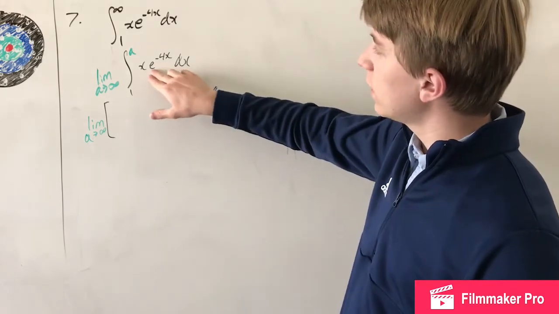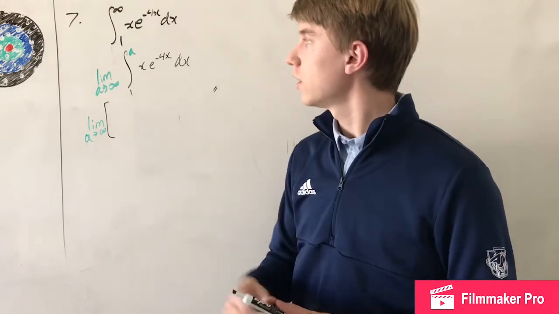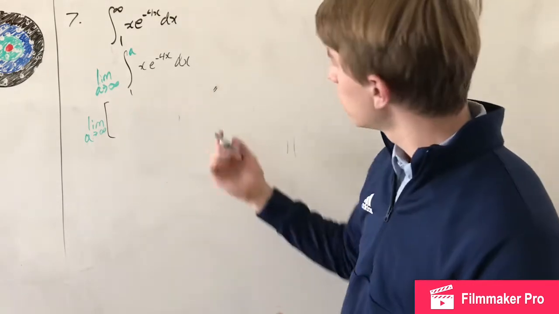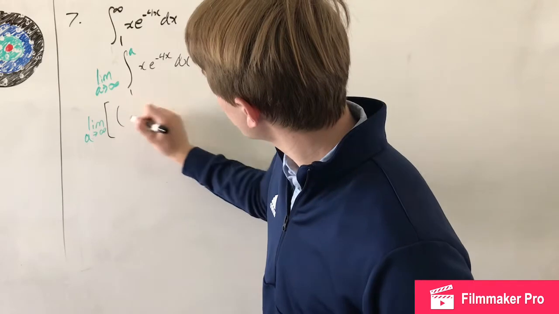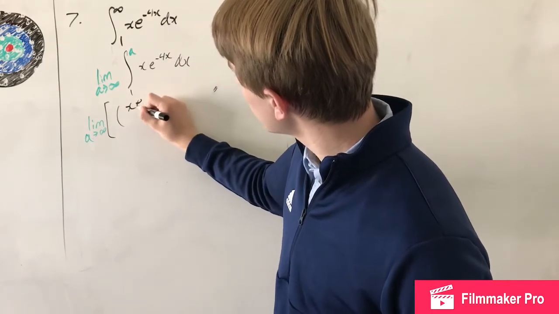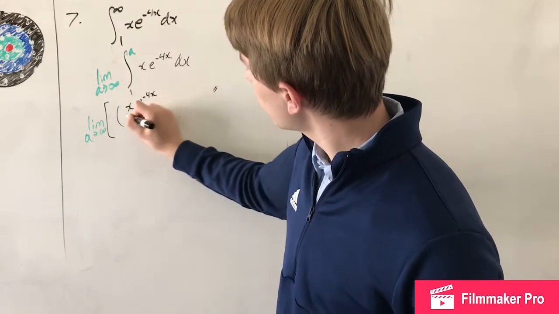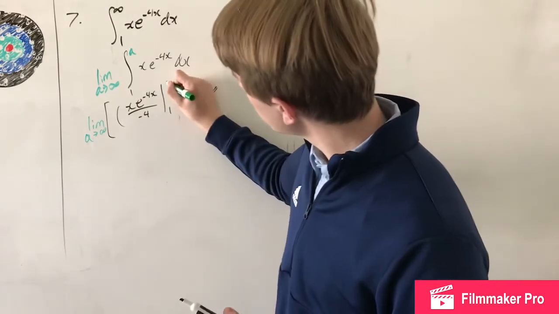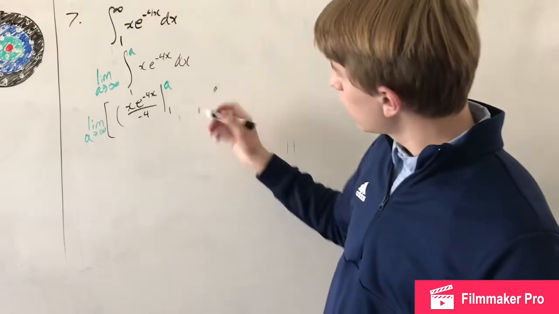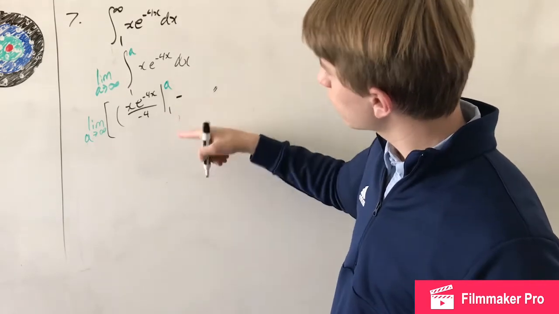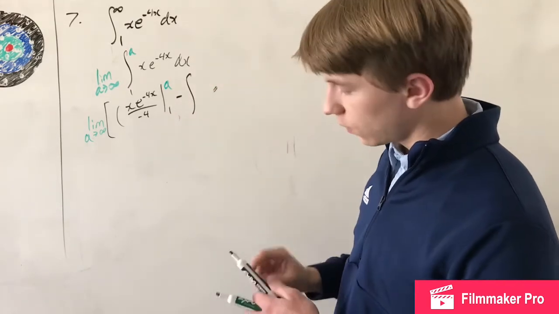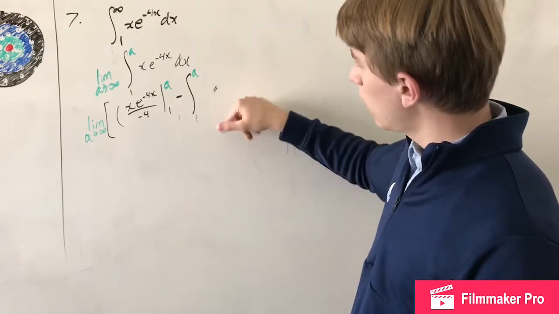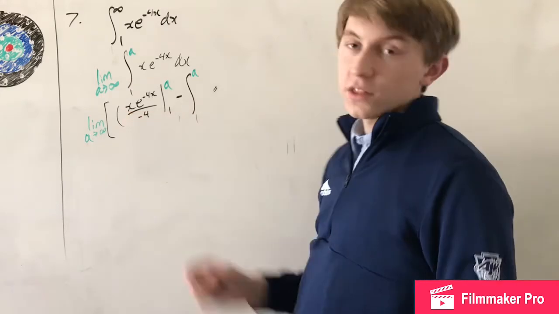So if we integrate the e to the negative 4x, then we can just get e to the negative 4x over negative 4. And we still have the x. So we end up with x e to the negative 4x over negative 4 from 1 to a. And then we subtract the integral from 1 to a of this, but we differentiate the x.